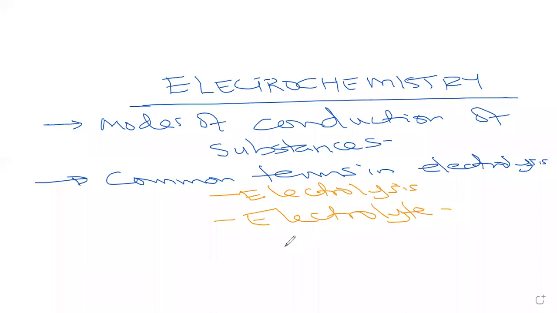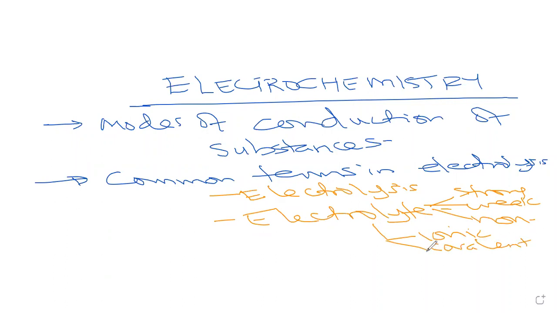We looked at what strong electrolytes are, what weak electrolytes are, and what non-electrolytes are. We also looked at ionic electrolytes and also covalent electrolytes and the mode by which they conduct electric current.